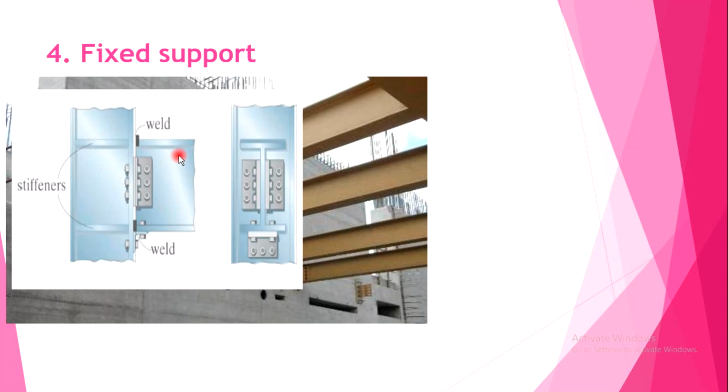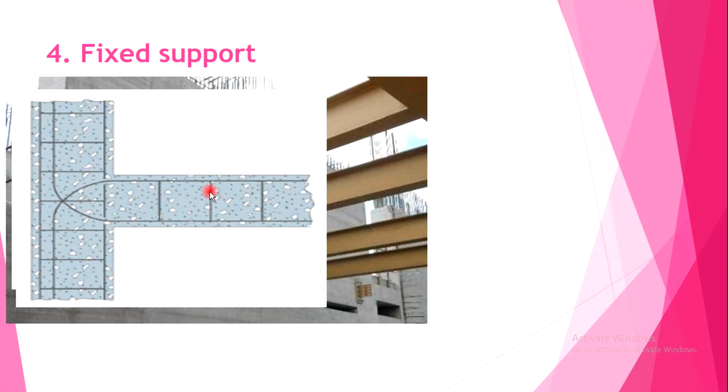We have a steel element which is connected to the column by bolt and nut, and it is also welded, fixed to the column. In a concrete structure also the same thing. The concrete beam is fixed to the concrete column by using reinforcement like this. This is how we show the fixed support.